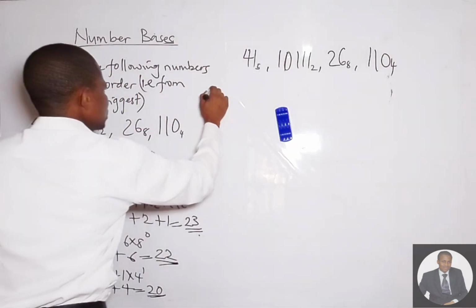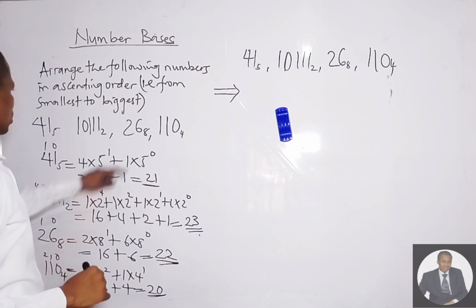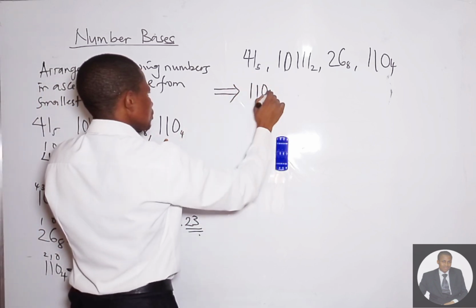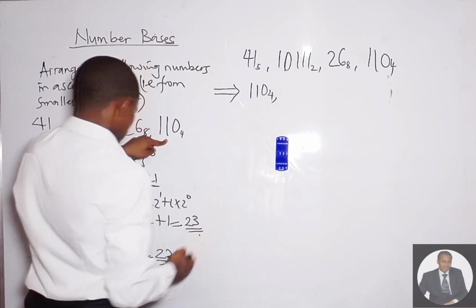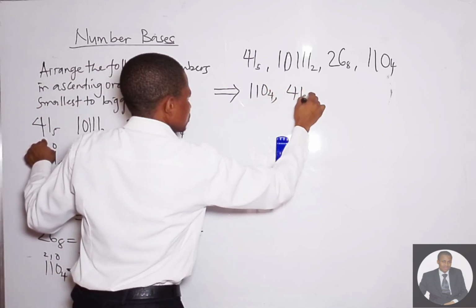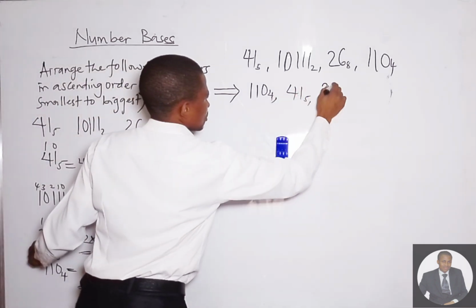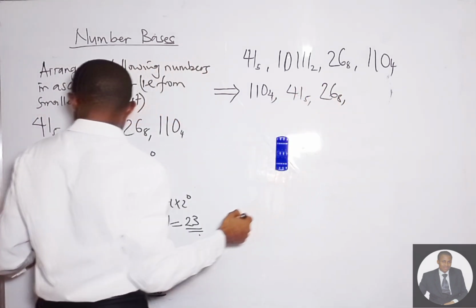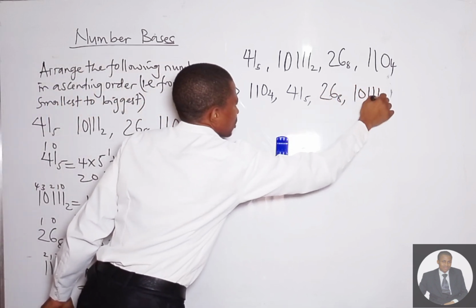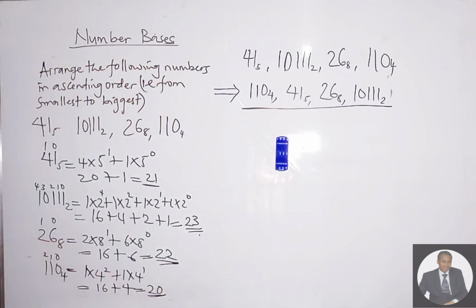If we are to arrange it from smallest to biggest, 20 is this, so it will be 110 base 4. Then 21 is 41 base 5. Then 22, 26 base 8. And then the last one will be 10111 base 2. This becomes our answer.